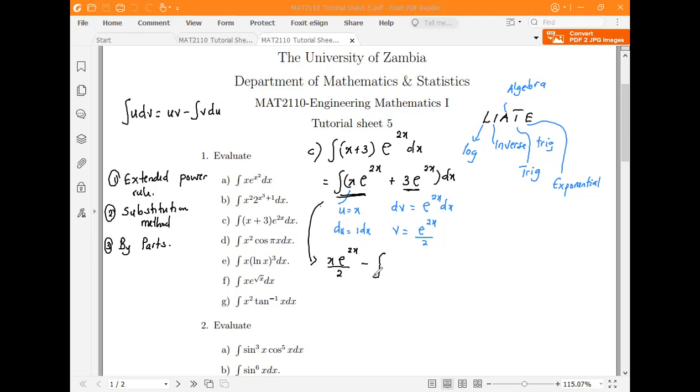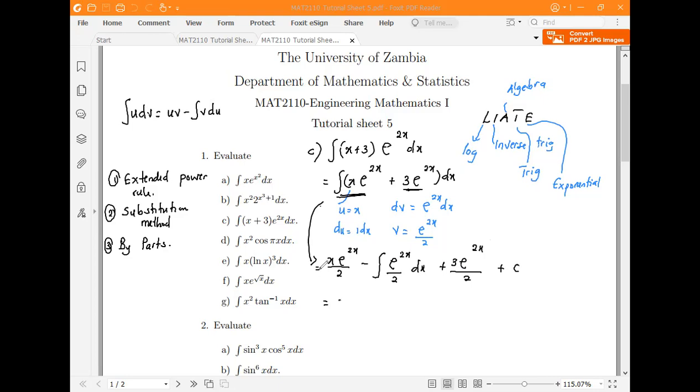So we have e^2x over 2, of course, and our du is 1 dx. And then plus, you can integrate that one directly, so it will be e^2x over 2 times 2, plus a c. I've added a c, not that I'm done integrating, but because I feel like I've done enough so far. The final thing should be the solution.